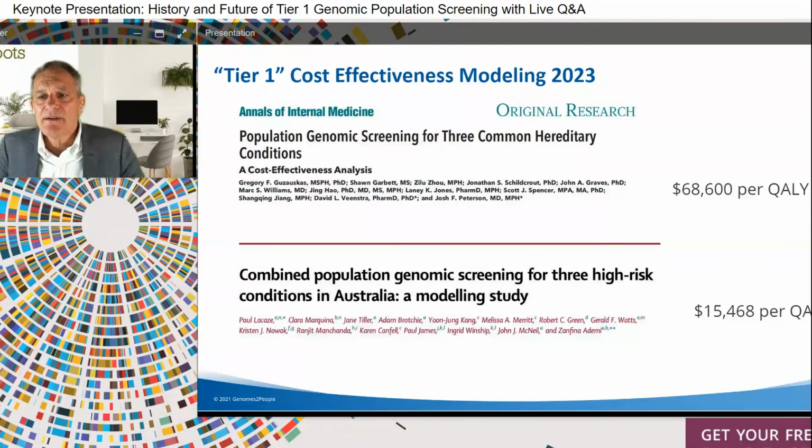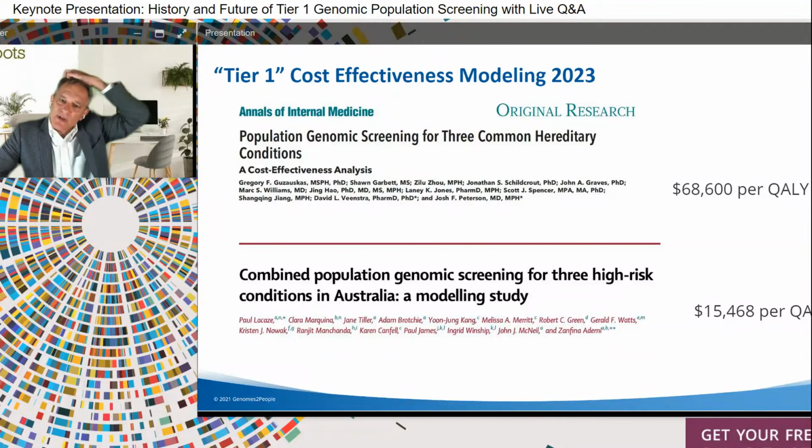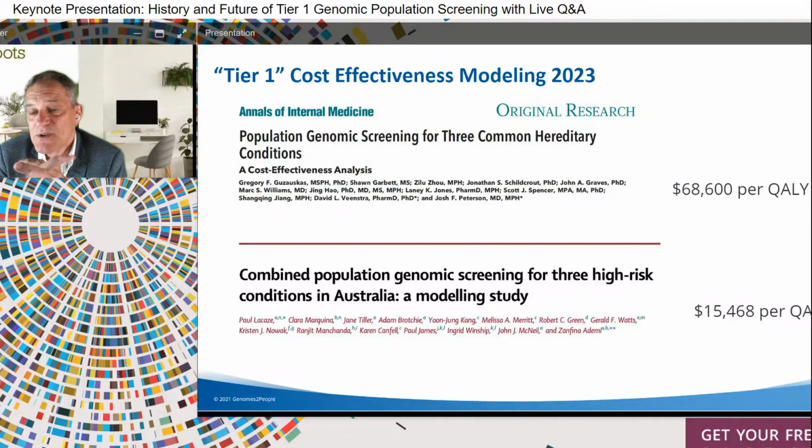And then very interesting, most recently in 23 and 24, some modeling has come out of cost effectiveness for population screening using these conditions. These are fascinating papers. If you're interested in cost effectiveness and you get a chance to read them, they come up with very different results because in Australia, costs are different and there were different assumptions.